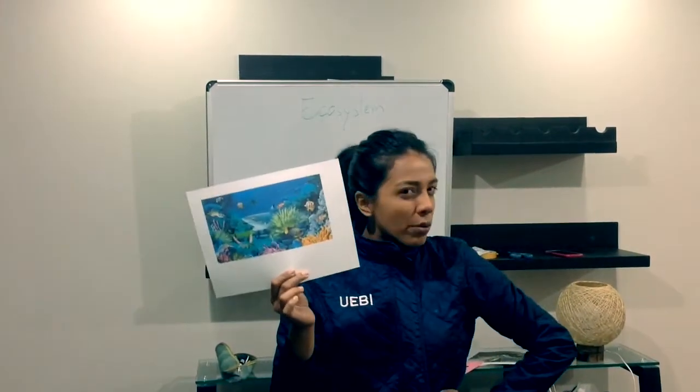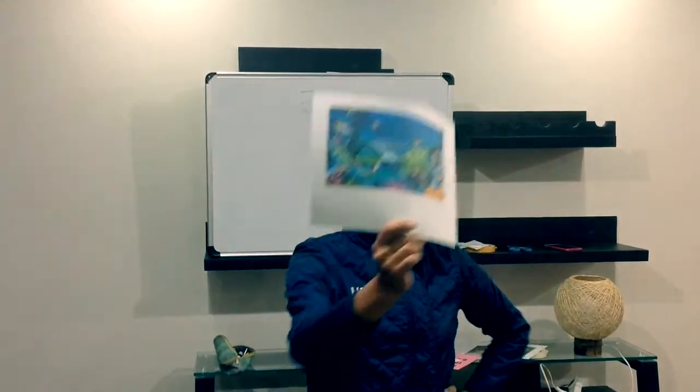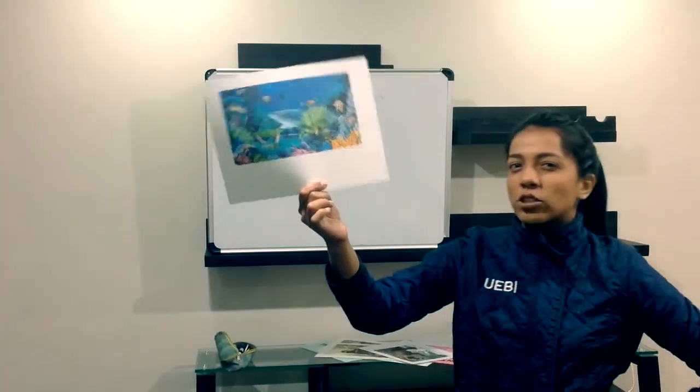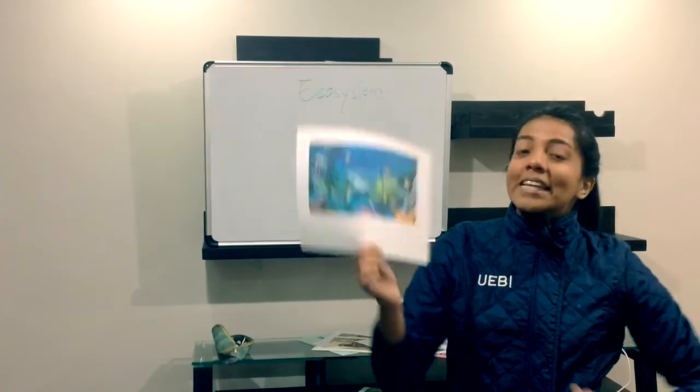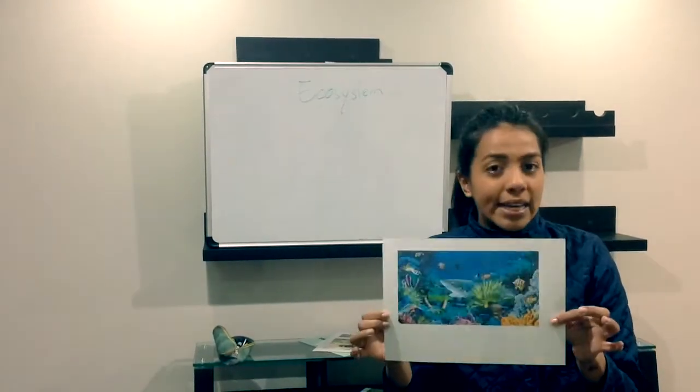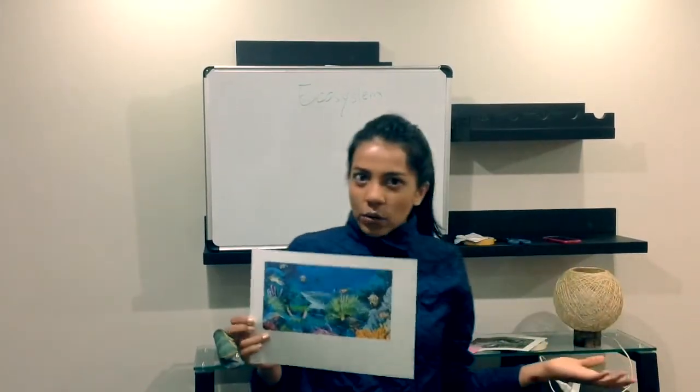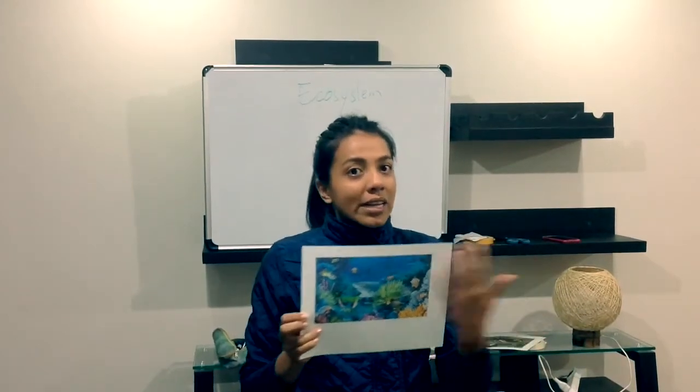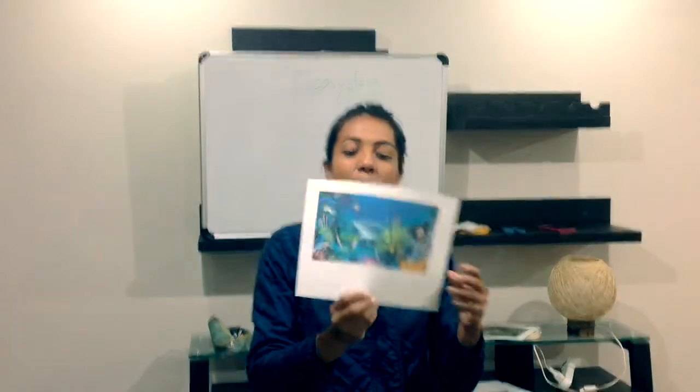So if we remember that there were 3 types of ecosystem, this one is going to be what? This is going to be an aquatic ecosystem. And what is the aquatic ecosystem? It's where the living things are going to interact with water. Example here in the ocean.